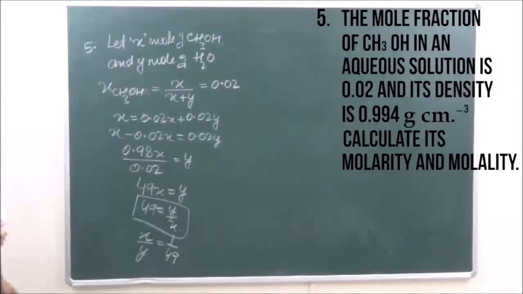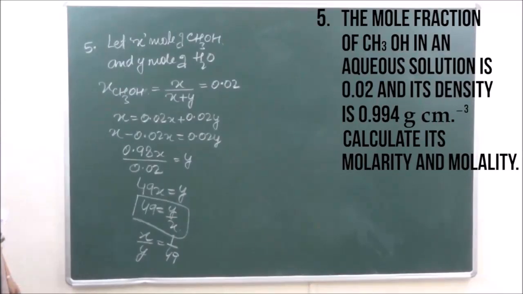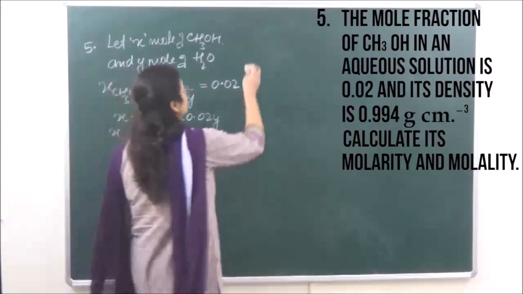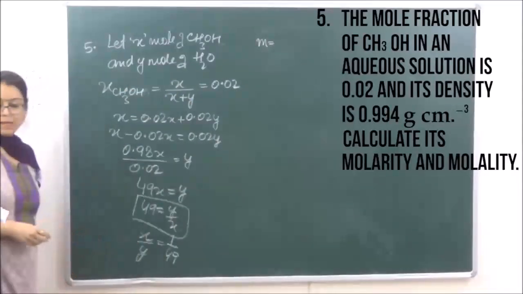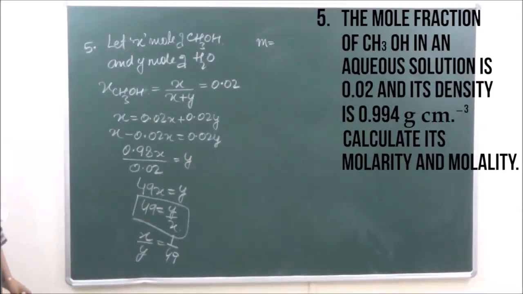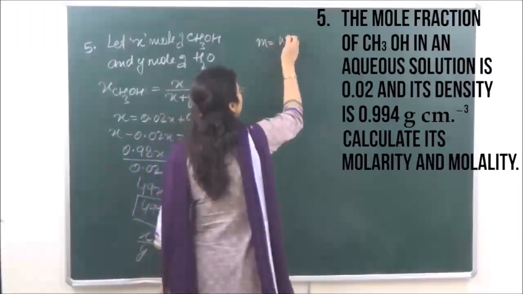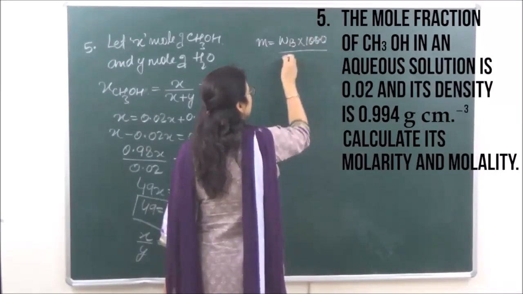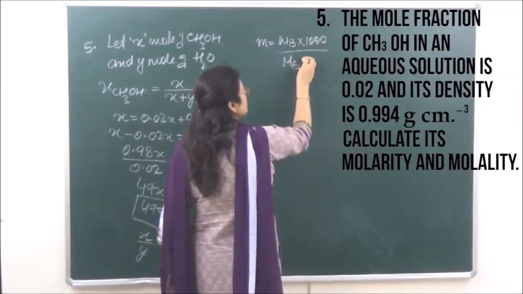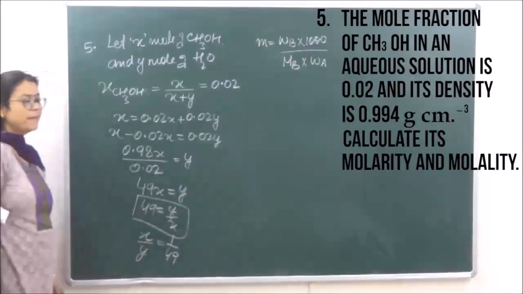One upon 49. Right? Now let's go on to the second part, when we have to calculate the molality. What is the molality? Formula for molality? That is WB into 1000 upon MB into WA.